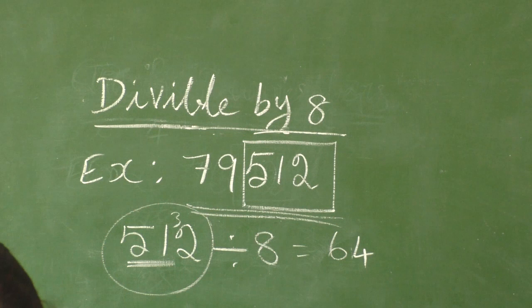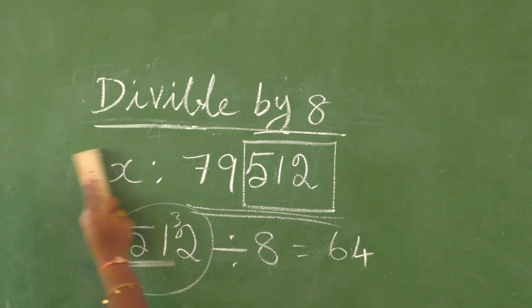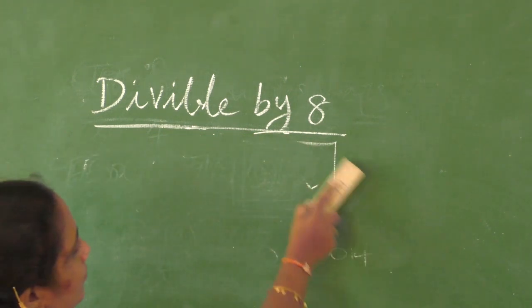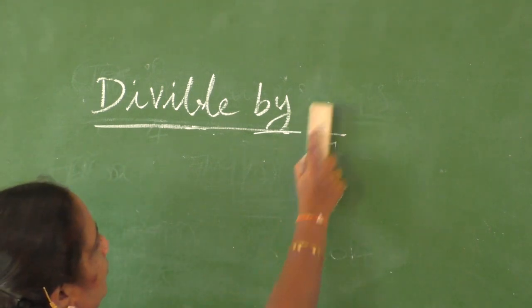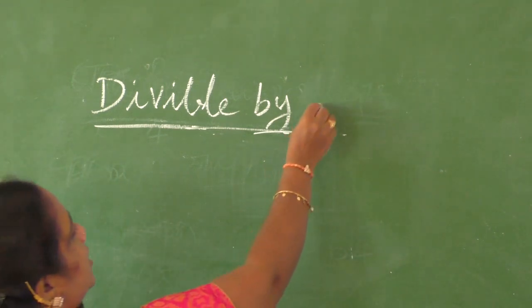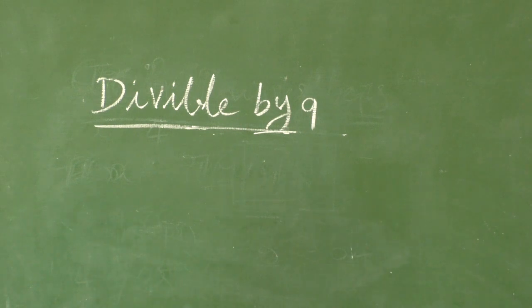The next one, divisible by 9. A number is divisible by 9 if the sum of the digits is divisible by 9.